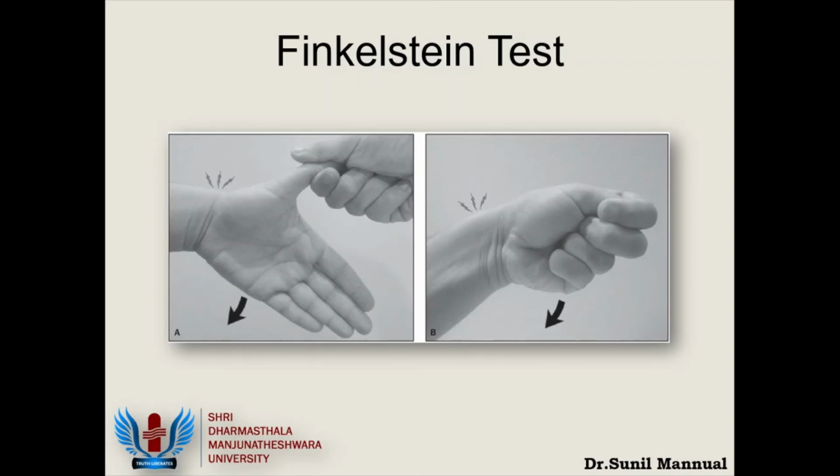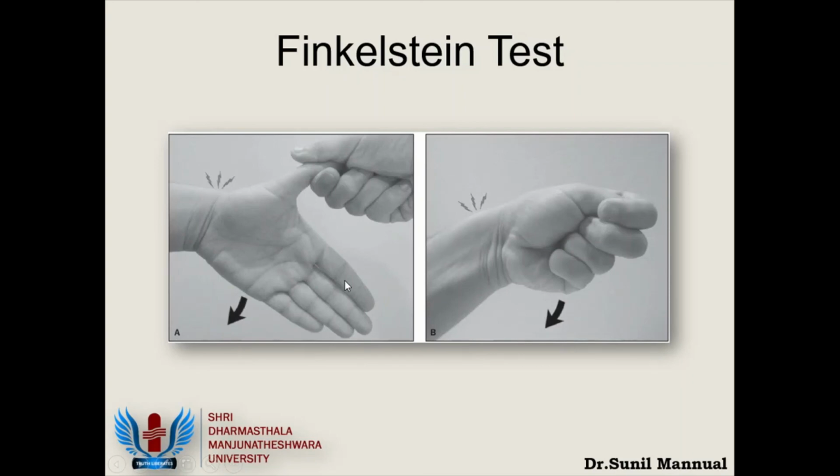So either you can grab the thumb and pull the hand in ulnar deviation, and that will cause a lot of pain to the patient. The patient starts wincing. You have to do this test with a lot of care because it's an extremely painful test. Some patients whom I have tested in the OPD have told me that their pain increased by 2 times after they came for the clinical examination. So we don't want to do it on everybody.